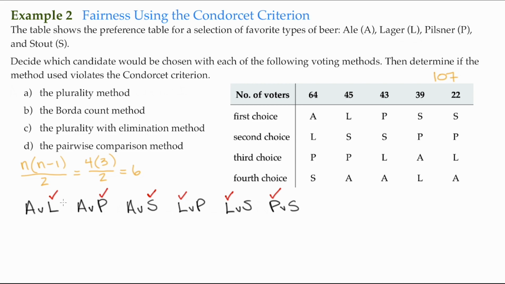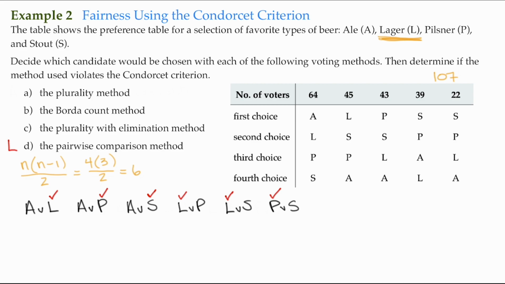So lager wins in the head-to-head comparison. So for the pairwise comparison method, lager is going to win. I'm just going to put it right here. So now lager is the Condorcet winner.